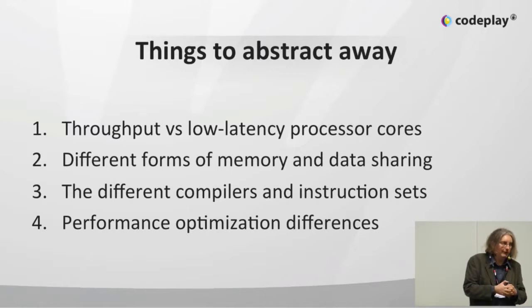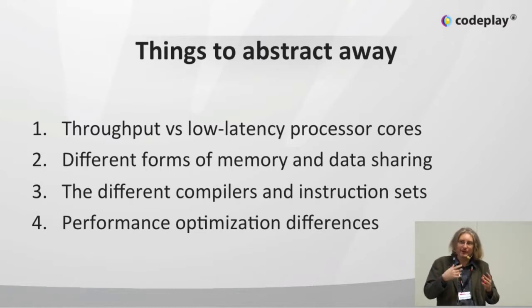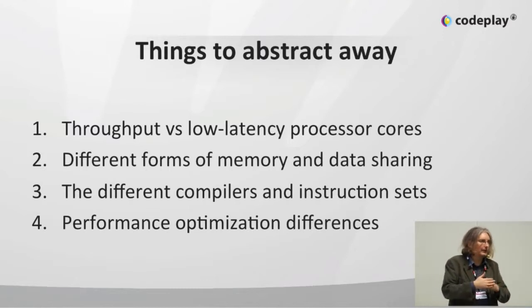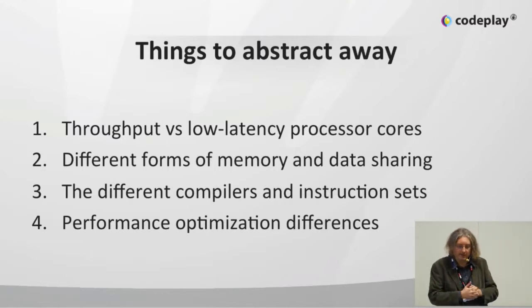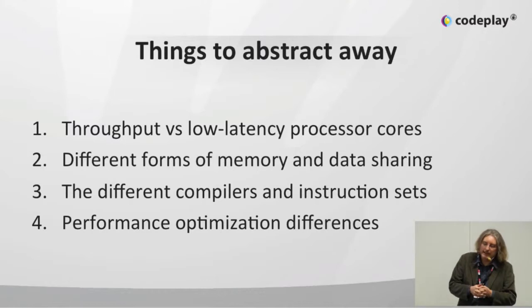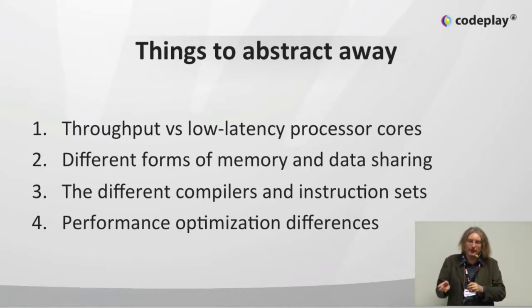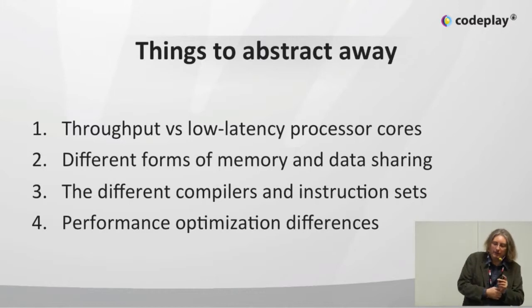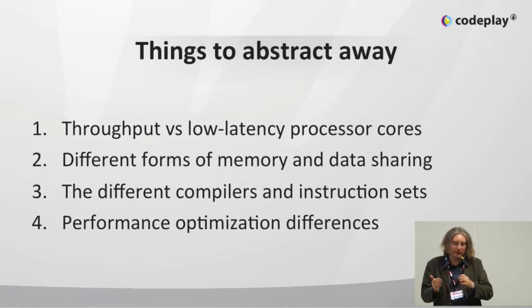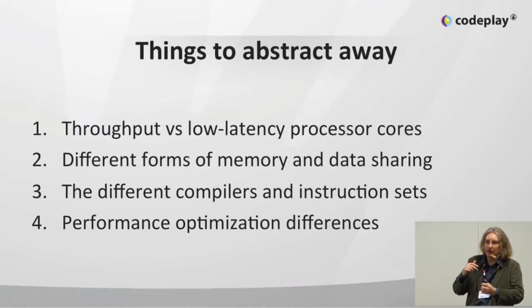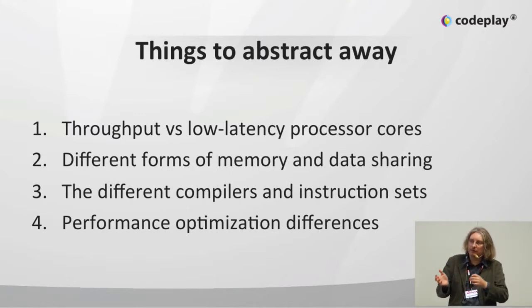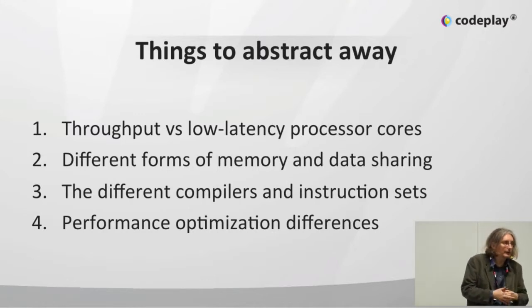No one really agrees. OpenCL and HSA have a slightly different model, a different set of capabilities, in terms of how data is shared between the CPU and all of the devices in the system. We need to abstract away different compilers and different instruction sets between all the different things. And we also want to abstract away performance and optimization differences, so you can write the code once and it's going to run reasonably fast everywhere.